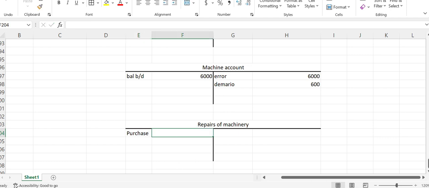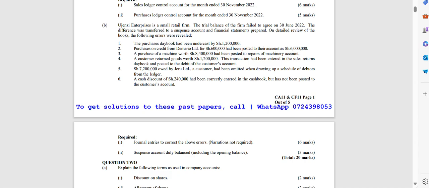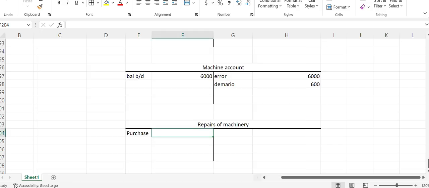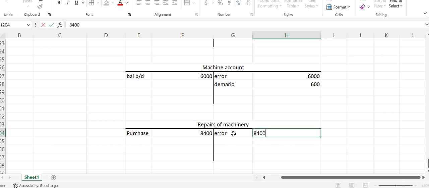So it was amount worth how much? It was amount worth 8,400. Because you're not supposed to record this in the repairs account. This is a wrong class, a different class. So you're going to say correcting error. You record this on the other side, 8,400.